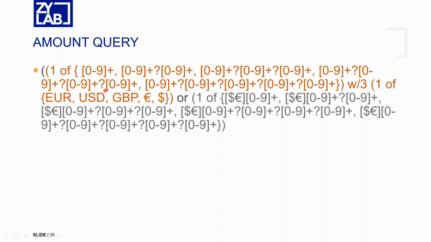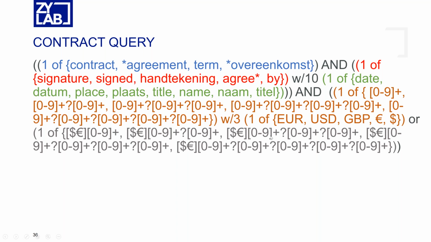So these are the variations that I've listed in this query. So I've got the amount query now, and I've got the contract query. If I combine these with an AND, I get this query. Now this looks really complex and a very full slide with lots of words. But let's go to the software itself.